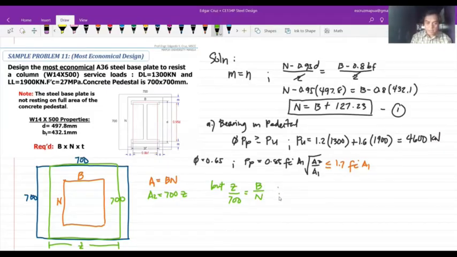From there, I can say that Z is equal to 700B over N. Substituting that value of Z in A2, A2 is 700 times Z, and Z is 700 again, so two 700s times B over N. That is A2.